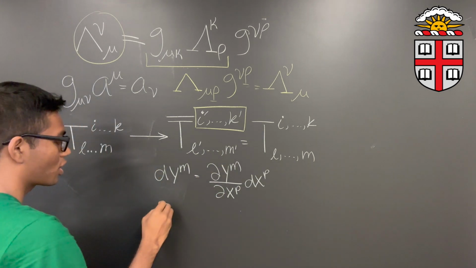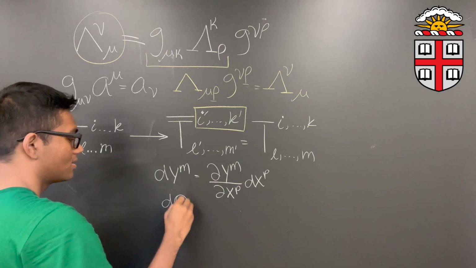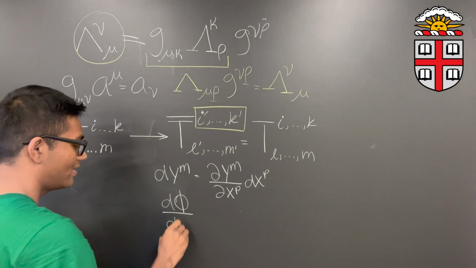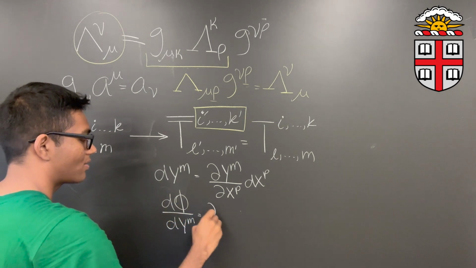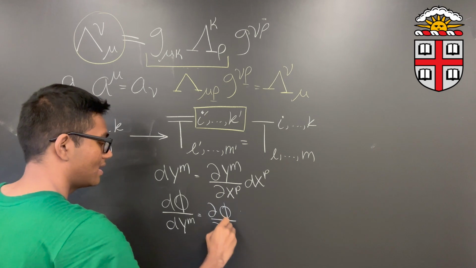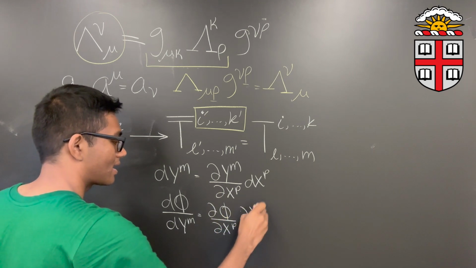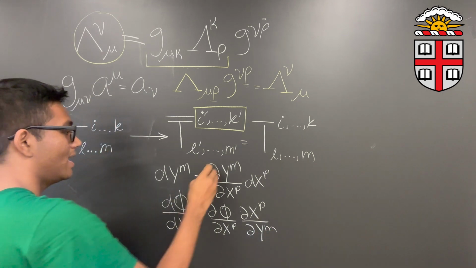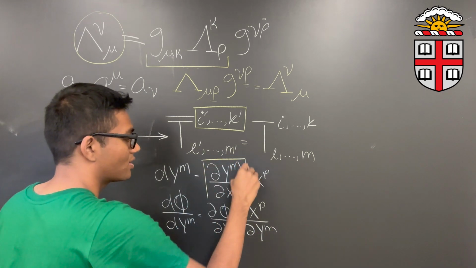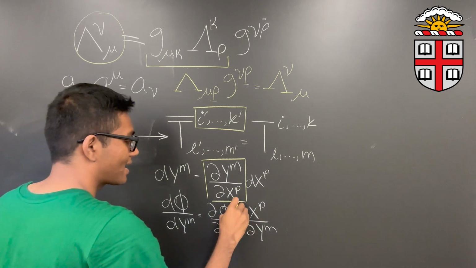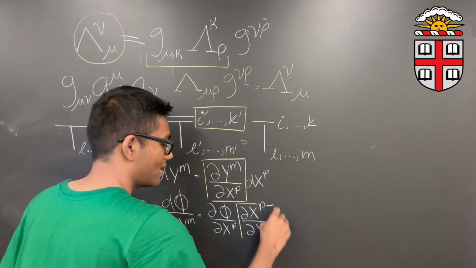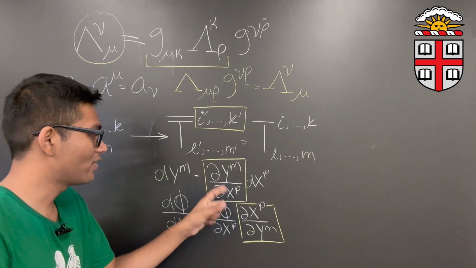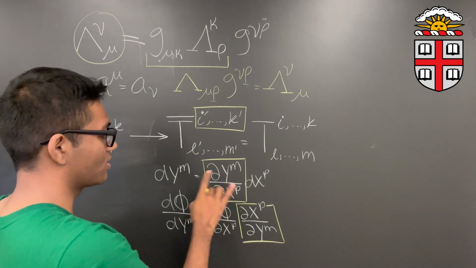Whereas for a covariant component, for example, the change in a scalar field, d phi dy^m is d phi dx^p, dx^p dy^m. So for the contravariant components, we have dy dx, and for the covariant components, we have dx dy. The two infinitesimals are flipped.